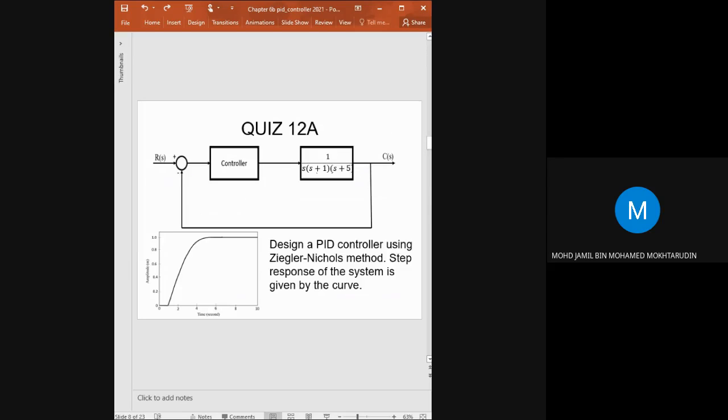Okay, so quiz 12A, tiba-tiba je. Okay, so design a PID controller using Ziegler-Nichols method. Step response of the system is given by the curve. So the curve here is S-shaped.